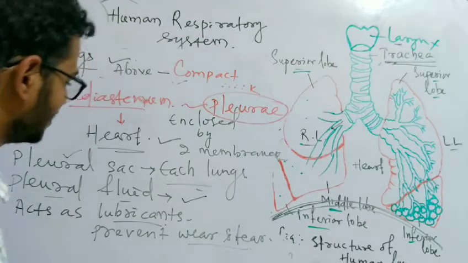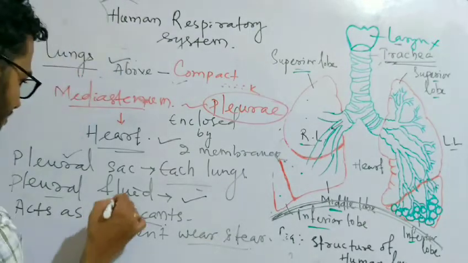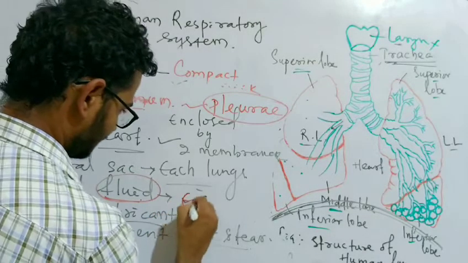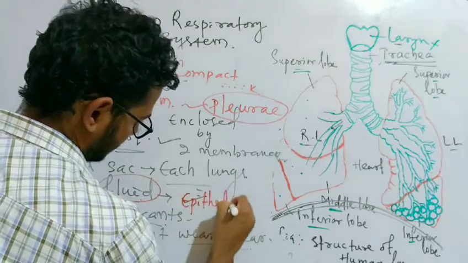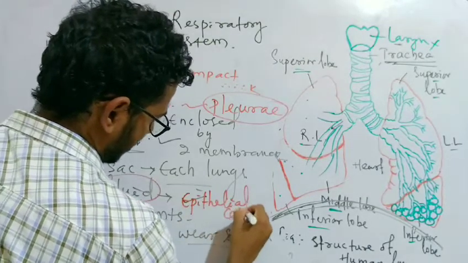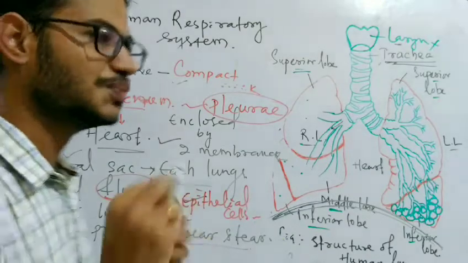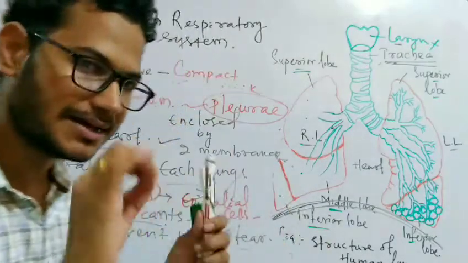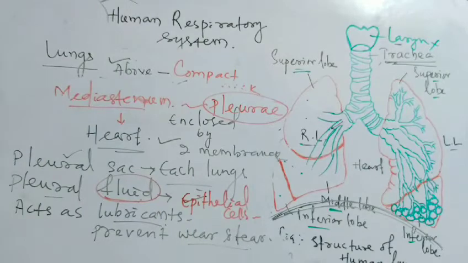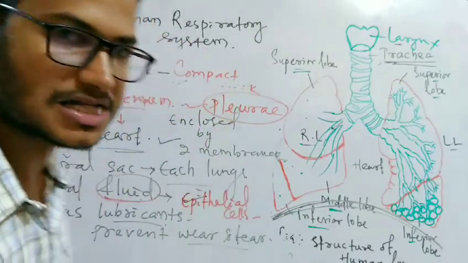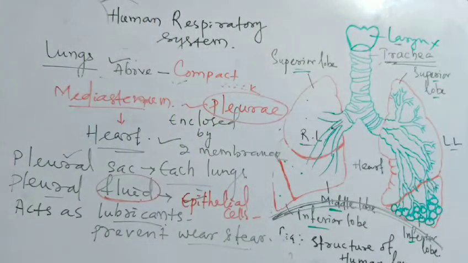Remember, this fluid is secreted by the epithelial cells. So the pleural fluid is there to prevent any damage, any wear and tear, in the most important structure of our respiratory system, the lungs.